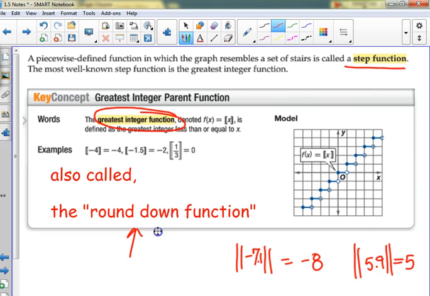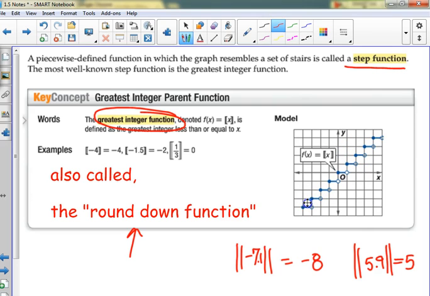I like that name, the round down function, but the bottom line is we all hate graphing these. Okay? They feel uncomfortable. But are there a lot of things in the real world that your answer has to be a whole number? Okay, so there's a lot of functions that they use in real world math that eventually at the end they have to round to a whole number. So this is kind of that idea.